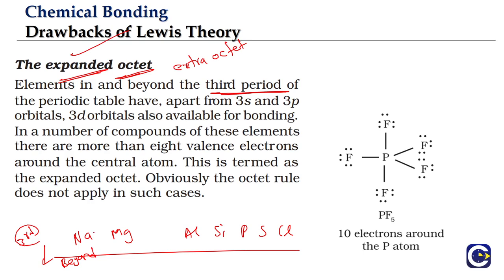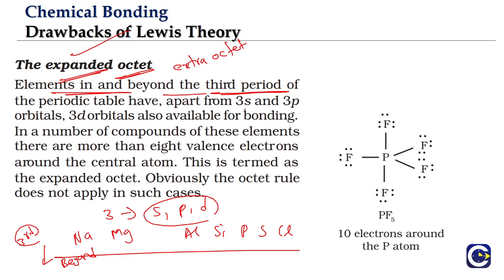Remember, in the third energy level we will have the s subshell, p subshell as well as the d subshell. So the d orbitals also can be engaged in the bonding. This will not happen for the second period elements; it happens for the third period and after that.